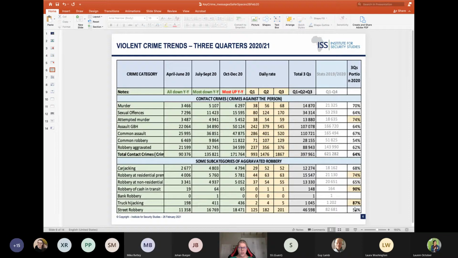What it does show, though, compared to the previous year, where we had almost 83,000 street robberies reported to the police for the full year, or 57% of all aggravated robberies, is that we have seen quite a drop in the number, because it is not even close to where we used to see the numbers. These 3 quarters only made up about 56% of the previous year's reported numbers. So that's quite interesting.